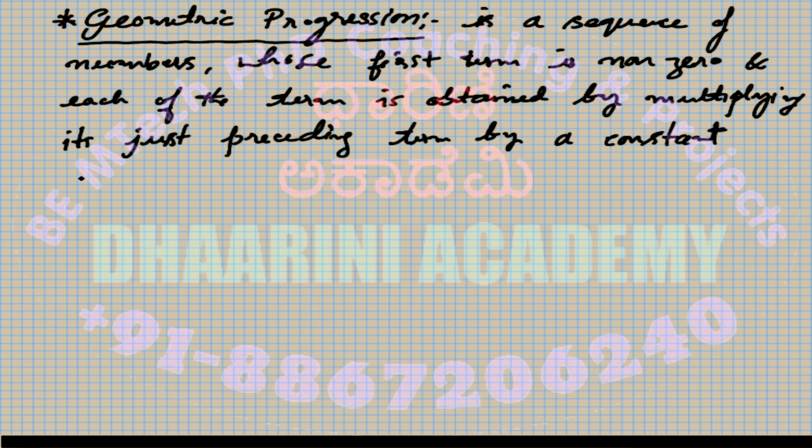And the constant is called the common ratio of the geometric progression.